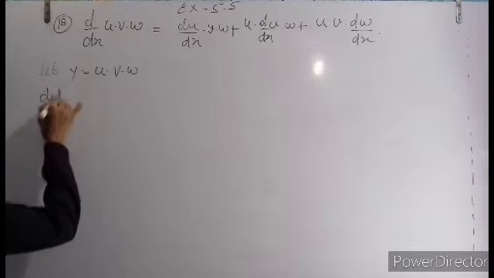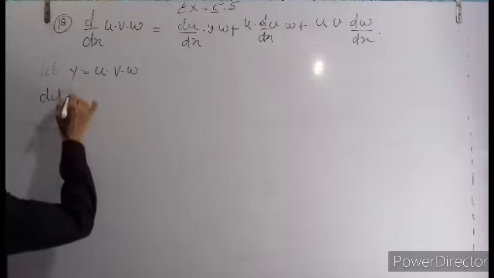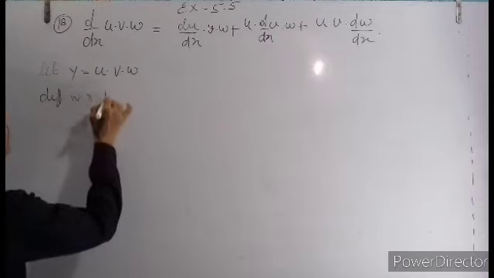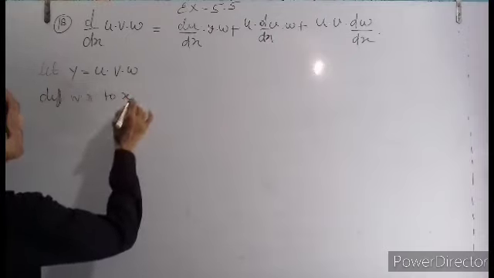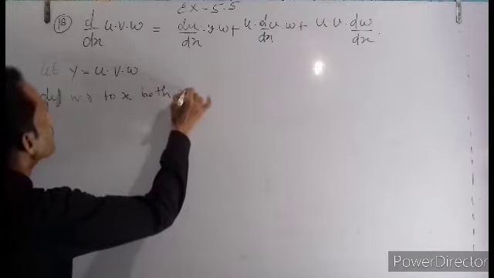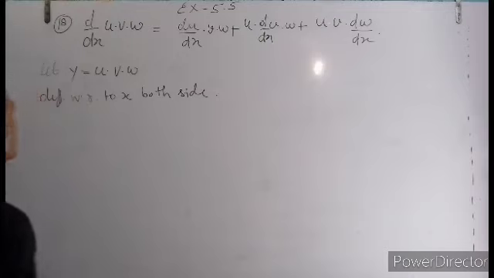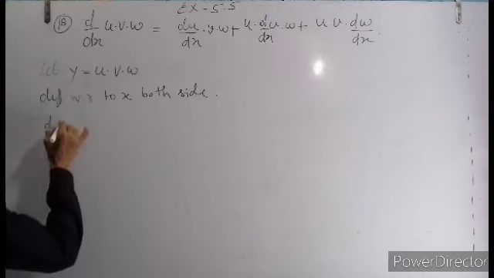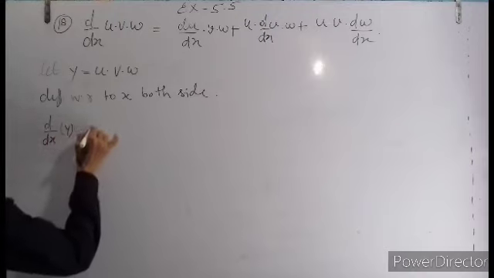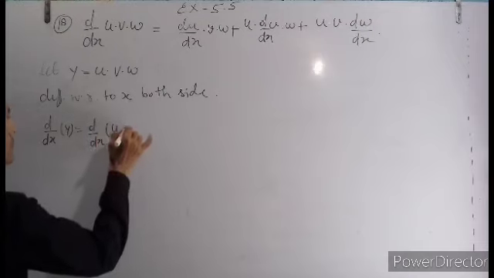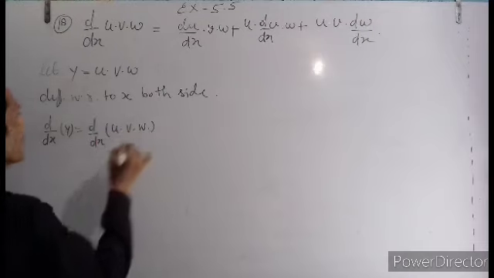Okay, so what will come? Differentiate with respect to x both sides. So d by dx of y equal to d by dx of u into v into w.